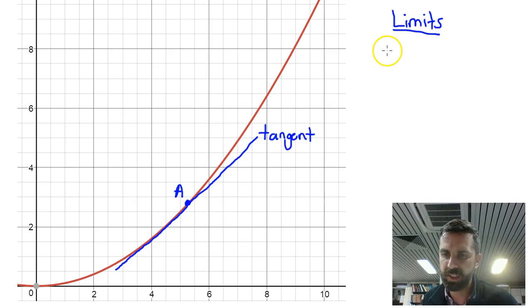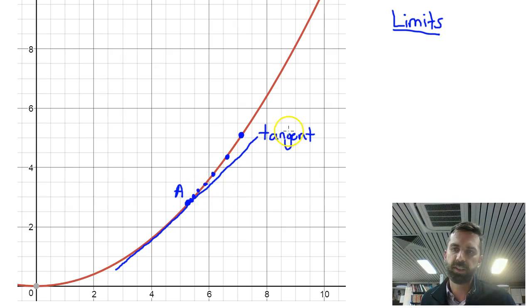Limits are a weird mathematical idea that was invented really by the founders of calculus. If you remember in the last video, we said if we work out the average gradient between 2 points, what happens when those 2 points get closer and closer and closer together?